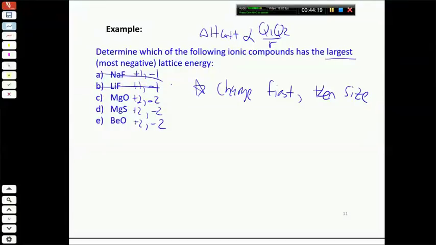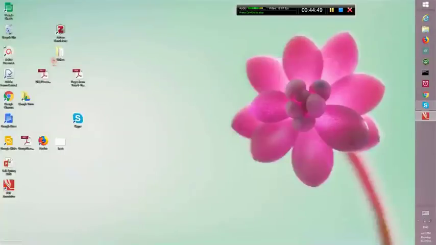As I said, compare the charge first, then the radii. So we look at the ones with the largest charge, and then we just have to compare these three to each other and figure out which one's largest. If we compare magnesium oxide to magnesium sulfide and determine which has the ions closer together or farther apart, they both share the magnesium 2+ cation, so that part is the same, but one has the oxide anion and the other the sulfide anion.